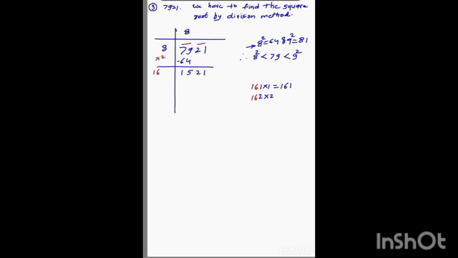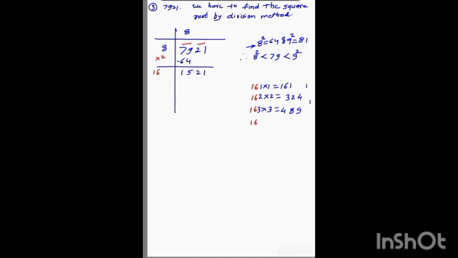Carry out this multiplication. 2 into 4, then 2, 324. Keep 16 only as it is. 163 into 3. So see the way we are going. It is 489.